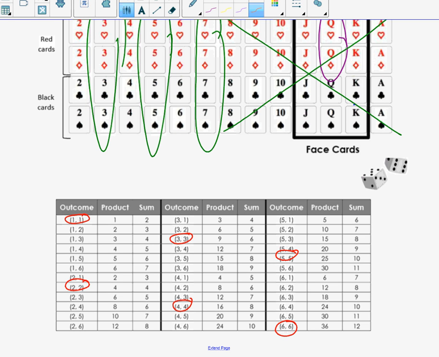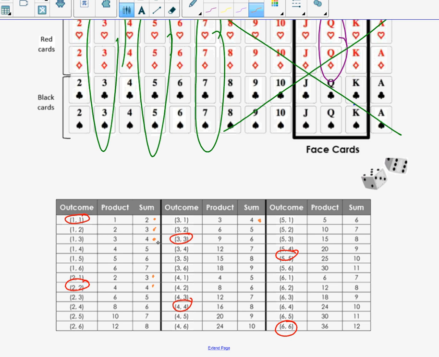Okay, and the other part said the probability that the sum is less than 5. So this has a sum less than 5. This has a sum less than 5. So just go through and count them up. Anything less than 5, meaning we're not including 5. Okay, I think that's it. So now, since it's or, if it has an orange dot, we're counting it. If it has a red circle, we're counting it. So no matter what it has, one or the other or both.